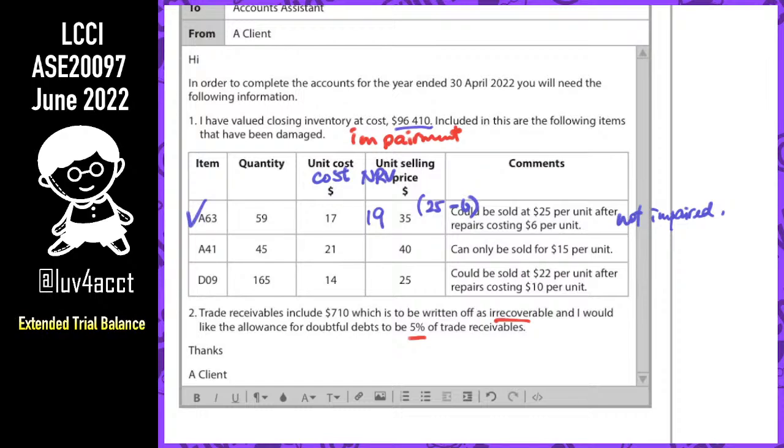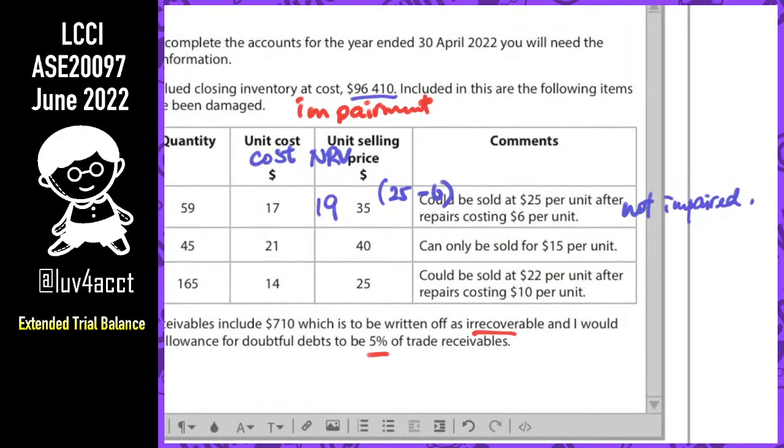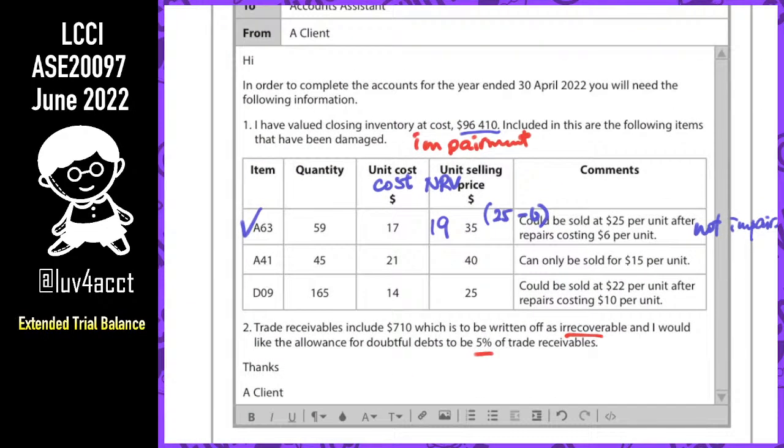Okay, the next item, A41, we have 45 units, cost 21. Usual selling price 40, but it can now only be sold for 15. So the net realizable value is 15 now. That means it is impaired, so we need to make an adjustment.